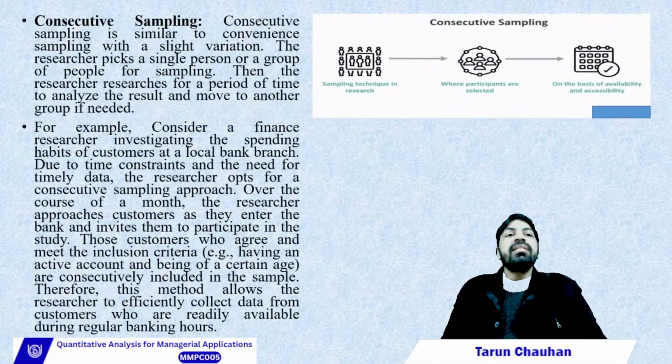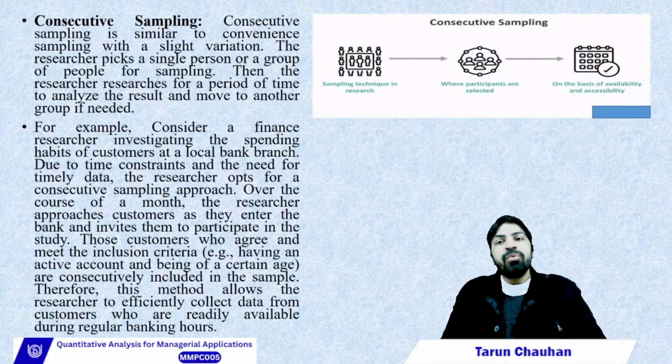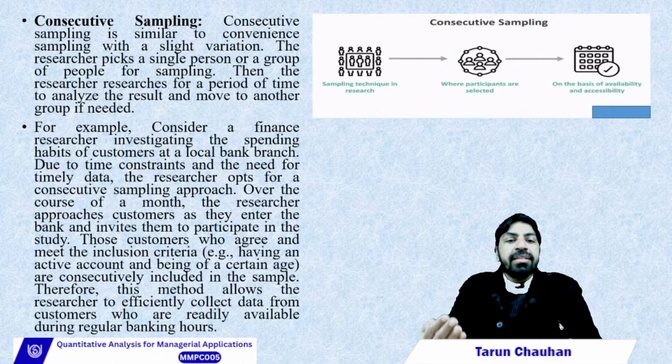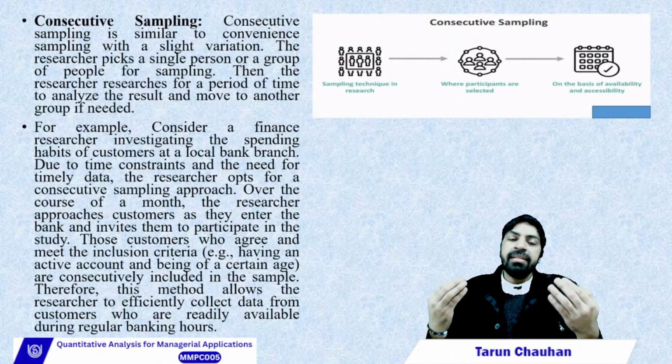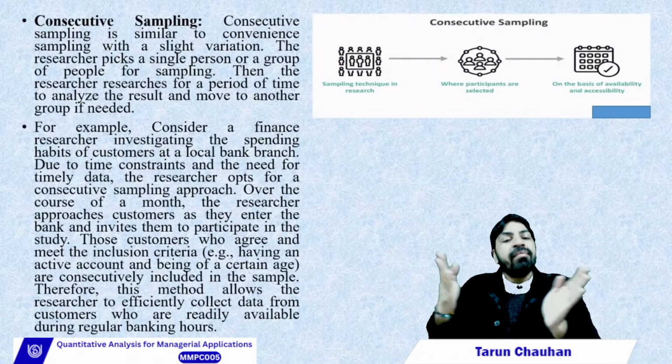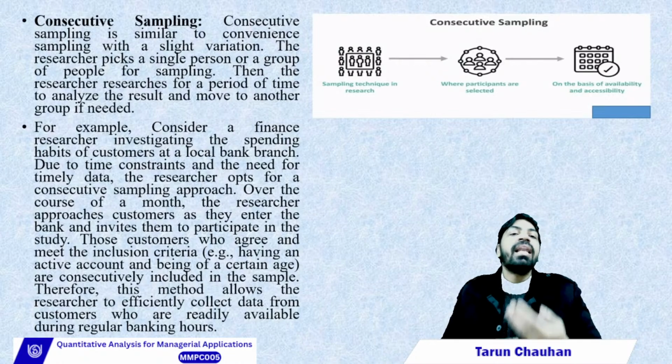The next one is consecutive sampling. In this sampling technique in research, a selected group of samples is already available, and the participants are selected based on availability and accessibility, where the researcher can access that particular place and the samples are easily available, so that the researcher can collect the data.